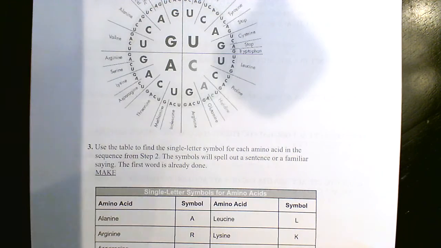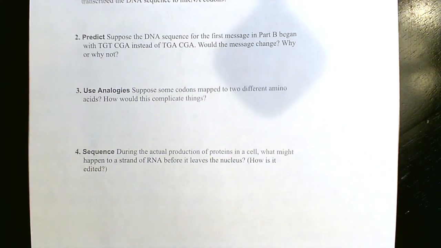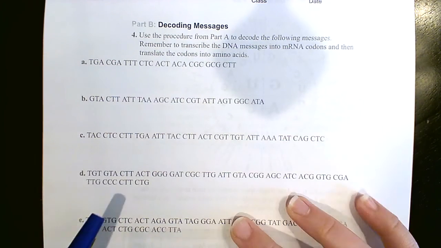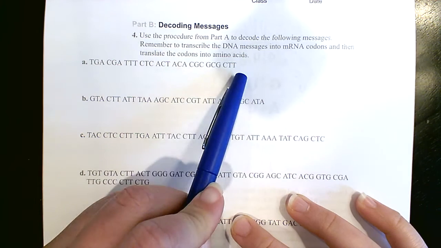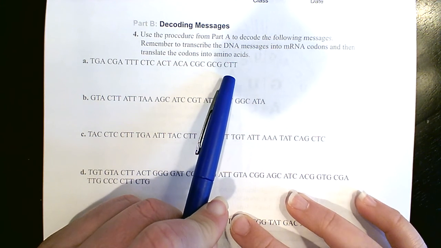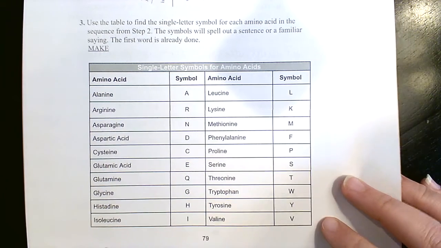We're going to pretend the message in the DNA is like a message one might send another person. So if this is the DNA, we're trying to figure out the message that the DNA is. To do that, we made each amino acid represented by a different letter.